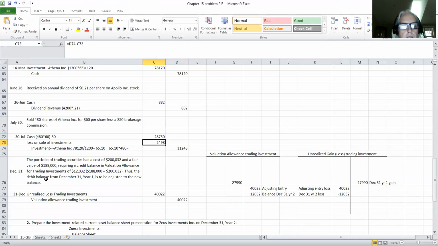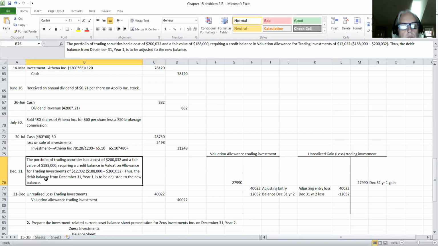Now we're at the December 31st transaction, where we have to value our trading securities at the fair market value so that our financial statements will be correct. So on December 31st, they've given us some information.